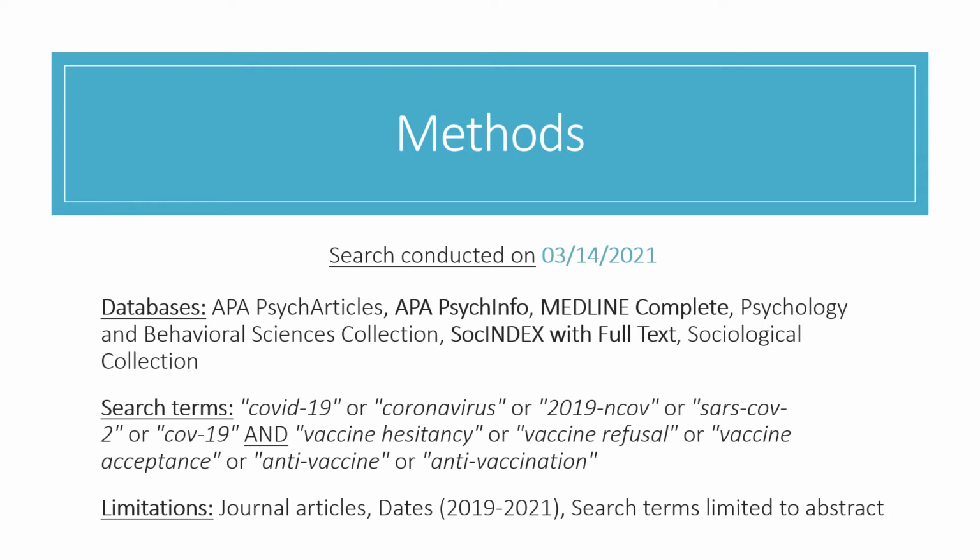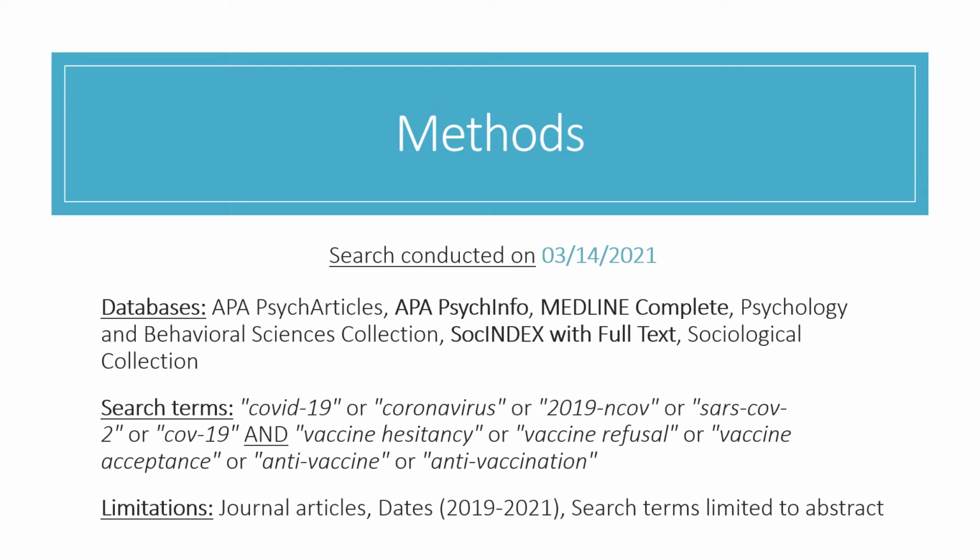For the search terms, I broke it down into 2 separate search fields. The first one is about COVID-19, so all of the terms listed before the and sign are related to COVID-19 or coronavirus in some way, just so I could include as many articles as I could.